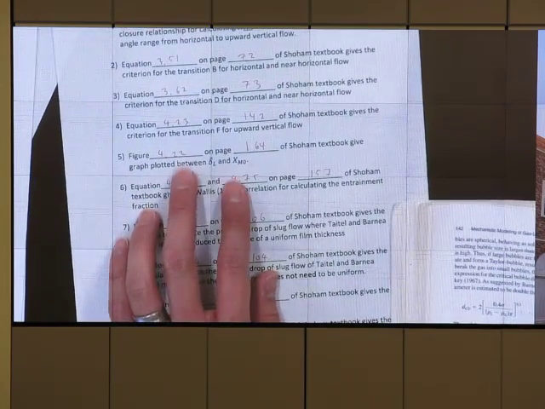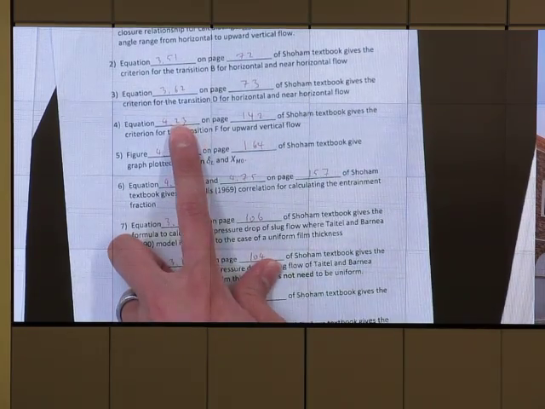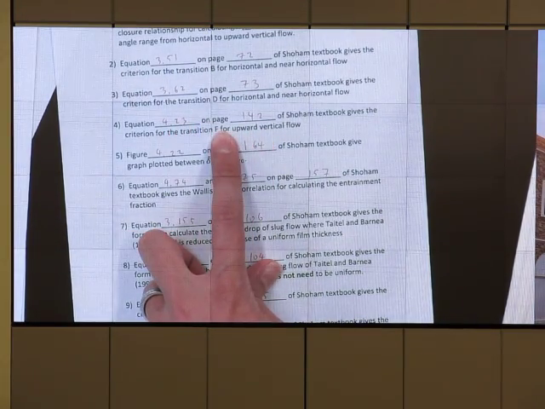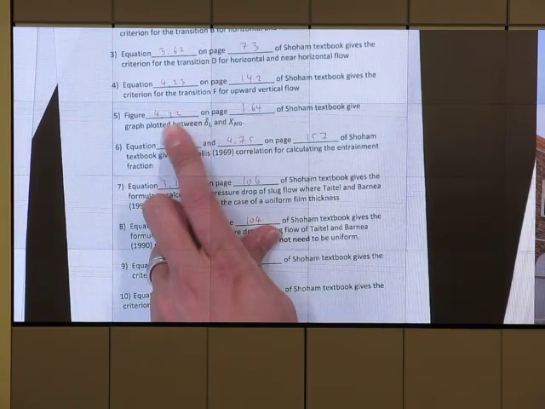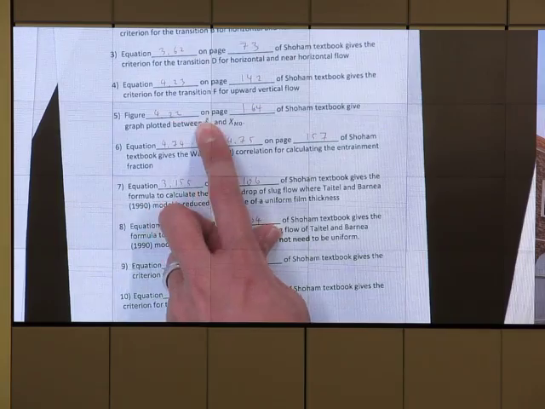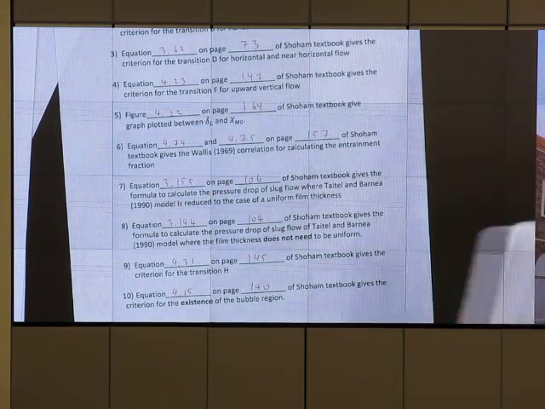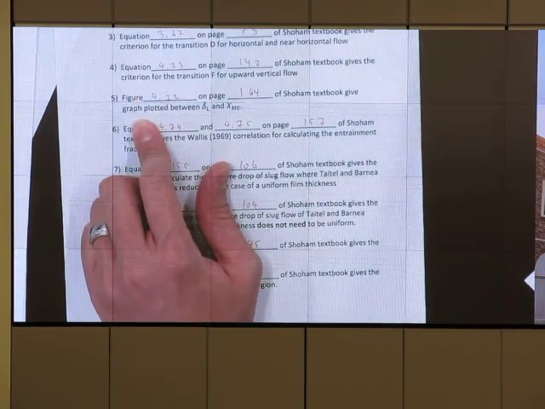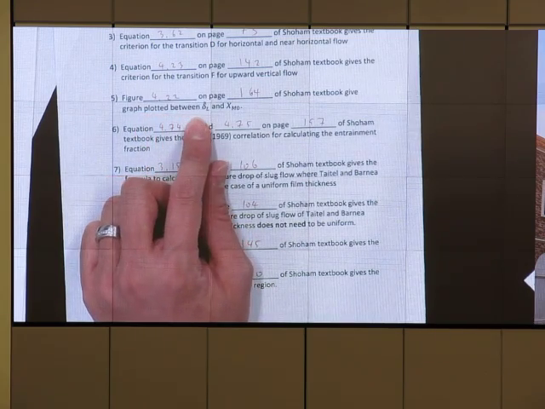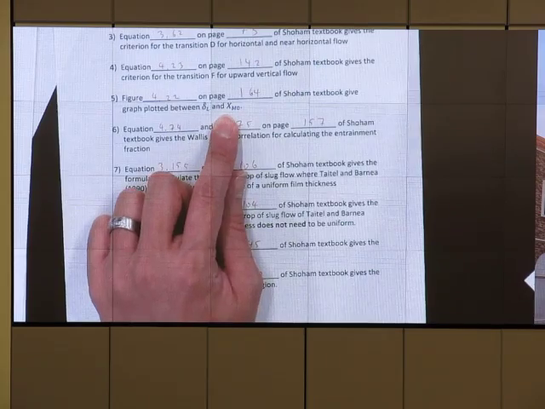Oh, wait. 4.23 is for transition F, right? So figure 4.22 on page 164, which is this one, gives the graph plotted between delta tilde and xm0.